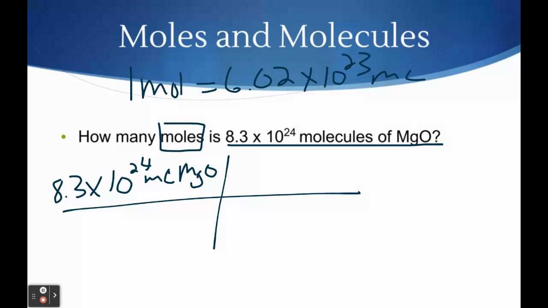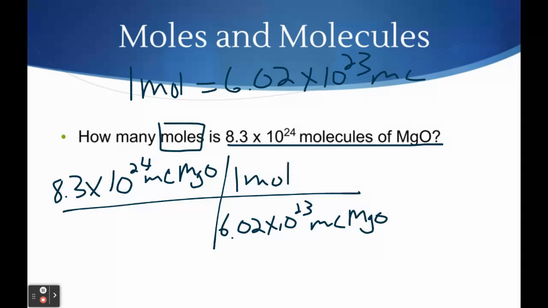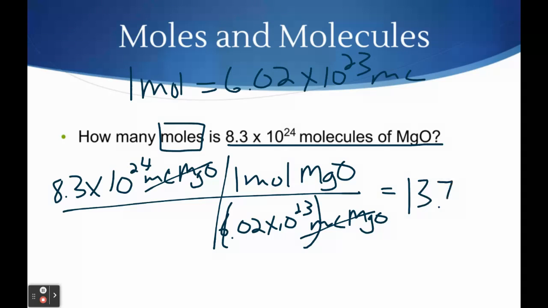Okay, and again, since we're given molecules, we want to write molecules on the bottom here. And 1 mole on the top, because moles is what we're looking for. So when we calculate, molecules will cancel out. So you're going to do 8.3 times 10 to the 24th times 1 divided by 6.02 times 10 to the 23rd. And remember, put that scientific notation you're dividing by in parentheses. So you should get 13.79 moles of MgO.